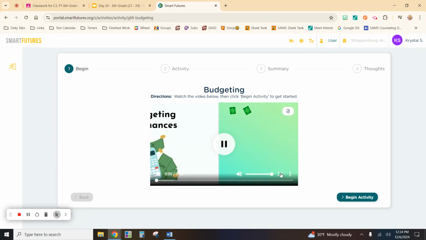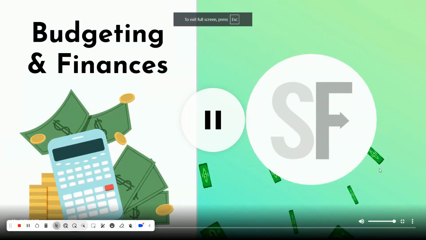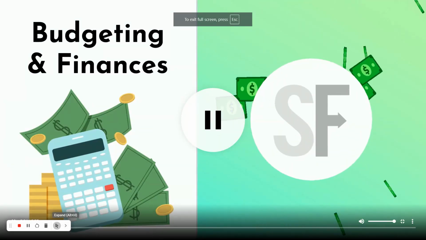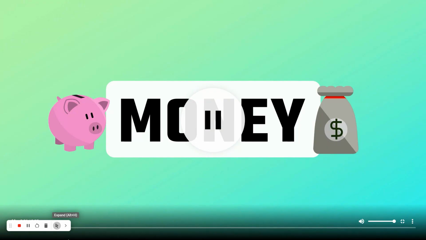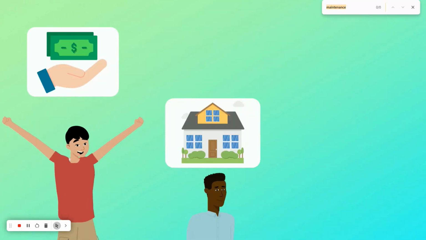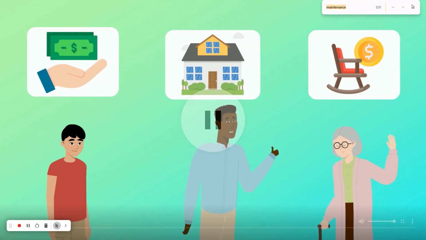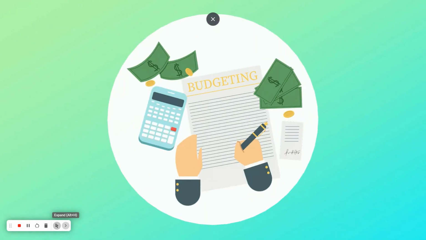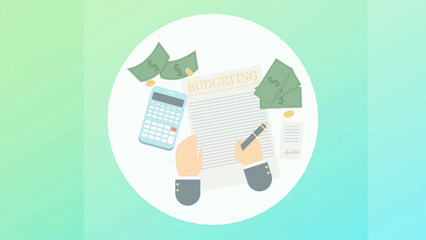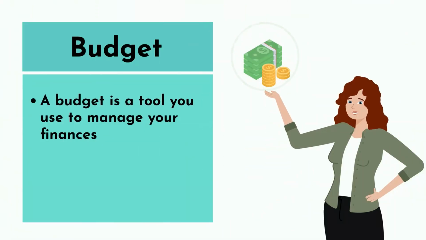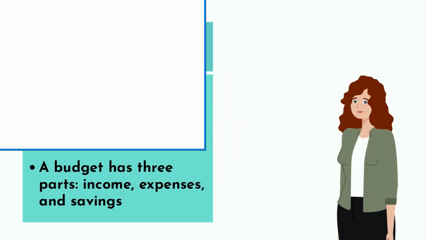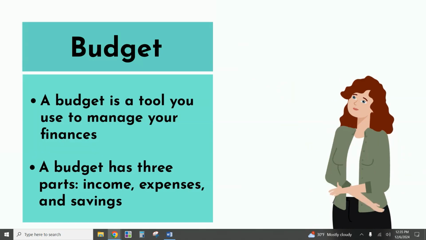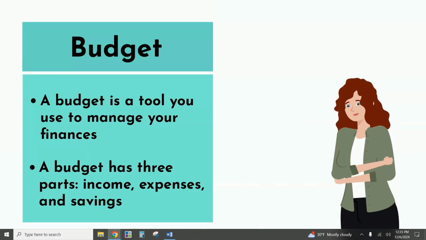Here you go. Budgeting and finances with Smart Futures. You'll deal with money throughout your life. From your first paycheck to your first home to your retirement, you'll need to keep record of your finances and balance your budget. In this video, we'll go over the parts of a budget and the basics of personal finance. A budget is a tool you use to manage your finances. A budget has 3 parts: income, expenses, and savings.